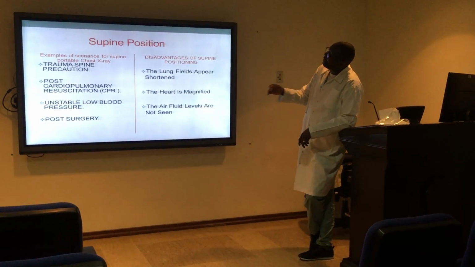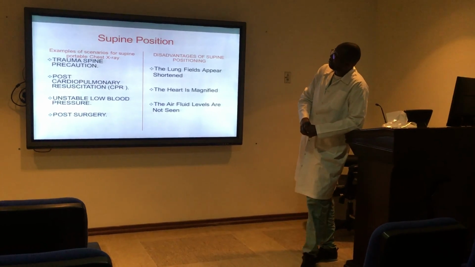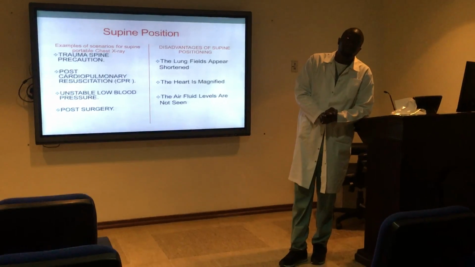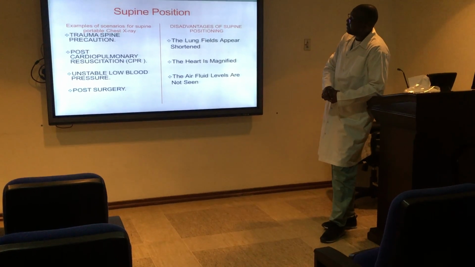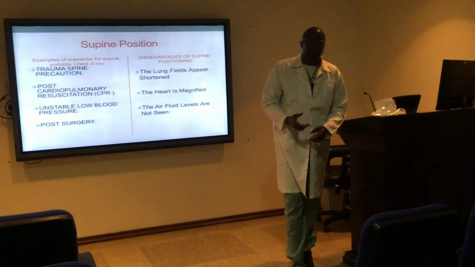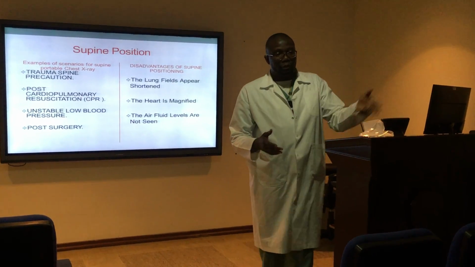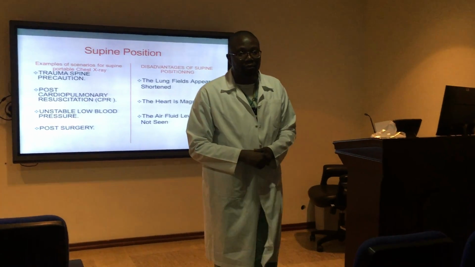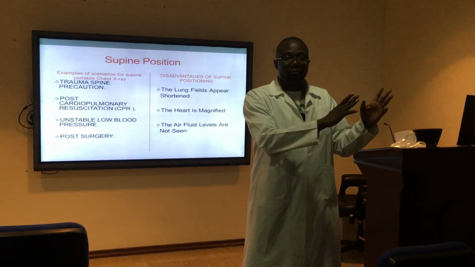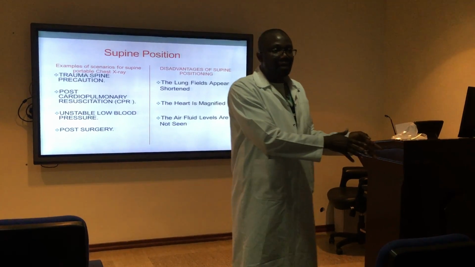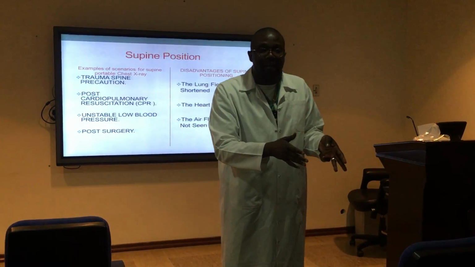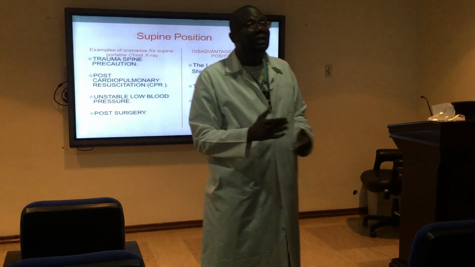These are examples of scenarios for supine portable chest X-ray. Trauma spine precaution. An MVA patient brought into ER, they have not determined whether there is a C-spine fracture, T-spine fracture, or any other fracture on the patient.